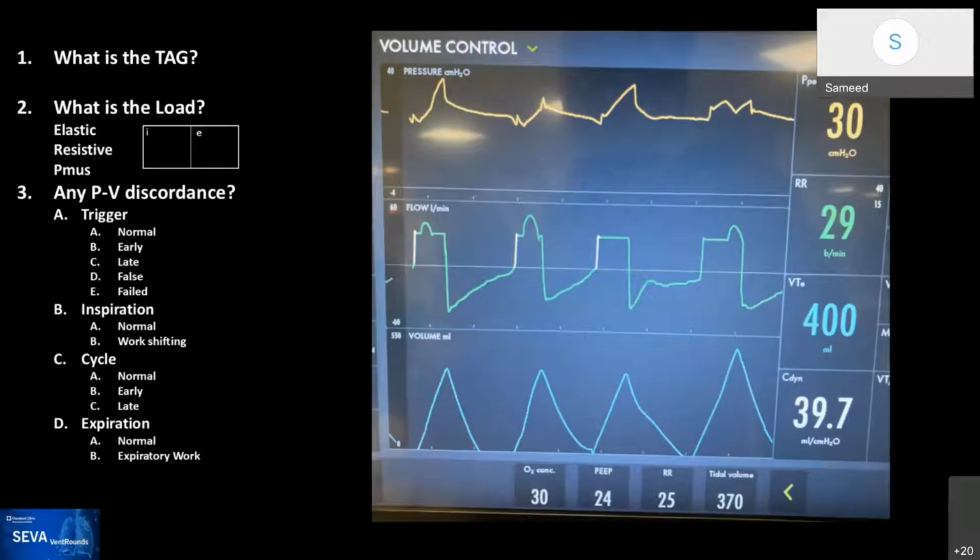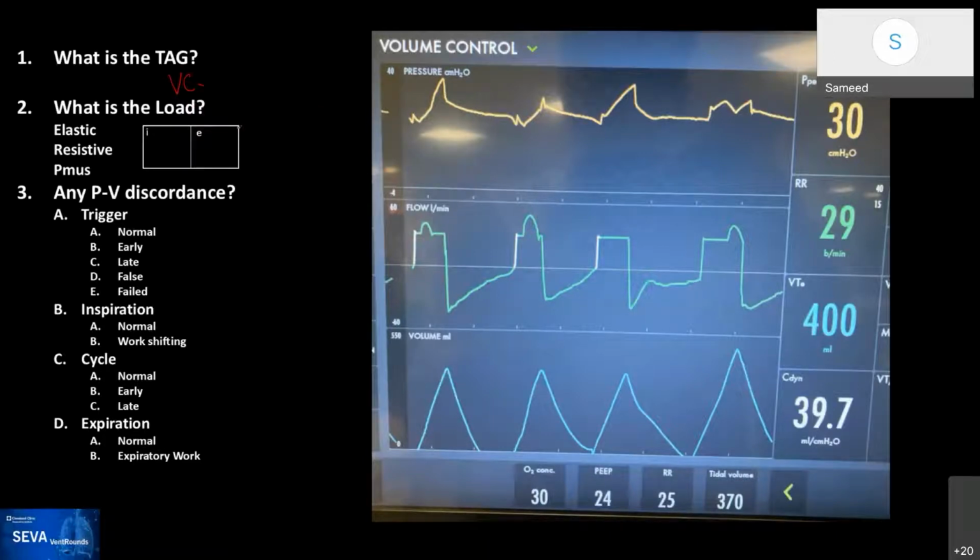Eduardo, nice to see you after a little bit of a break. Yeah, seems to be a great waveform. So beginning with the tag, the control variable seems to be flow, so it's volume control, but it doesn't seem to be the good old CMV. There are these humps in the inspiratory flow that tell me that there's something going on there, and I think, and I'm not sure, that this might be one of those IMV dual changes.